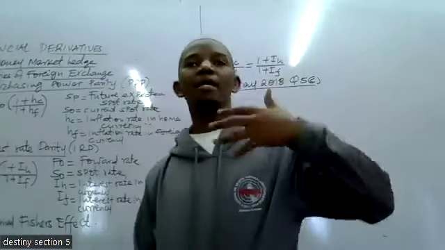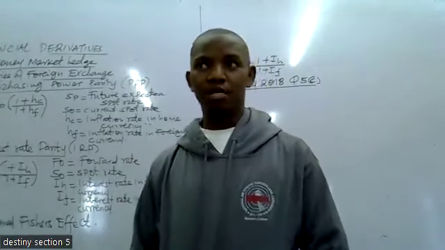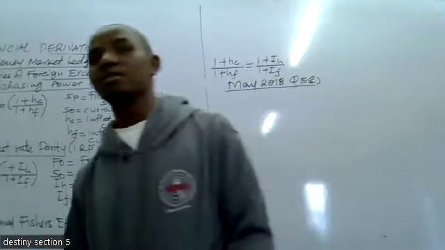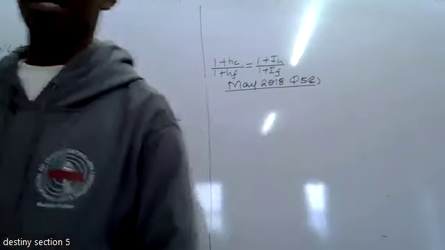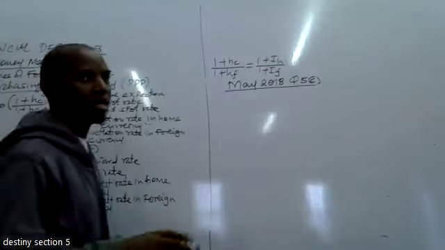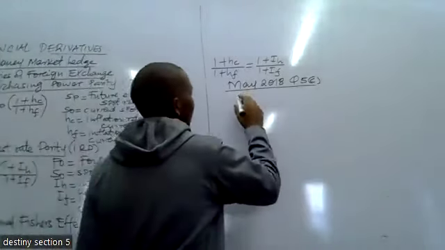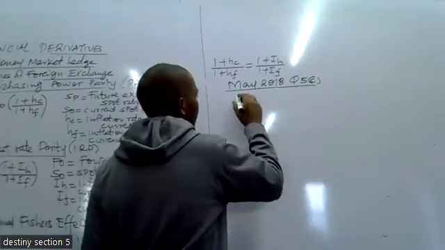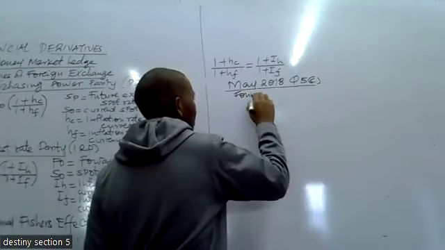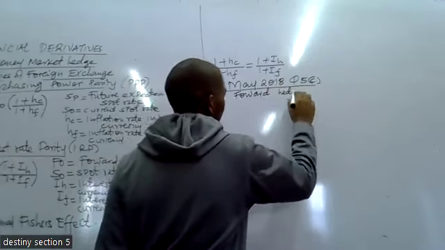Basically, we want to see where it is going to receive more: the forward hedge or the money market hedge. For the forward hedge, it's very easy. You just exchange using the 6-month forward rate. Let me begin here with the forward hedge.